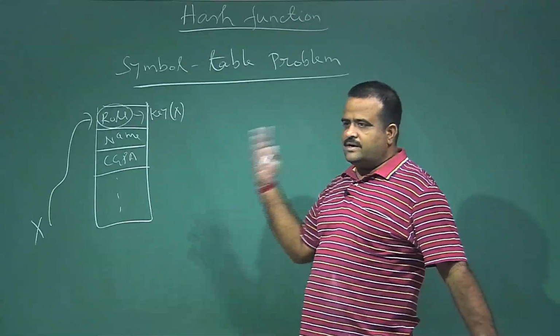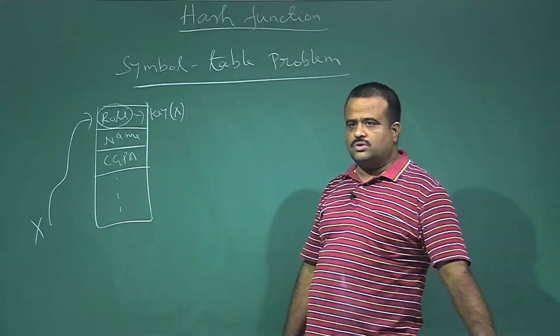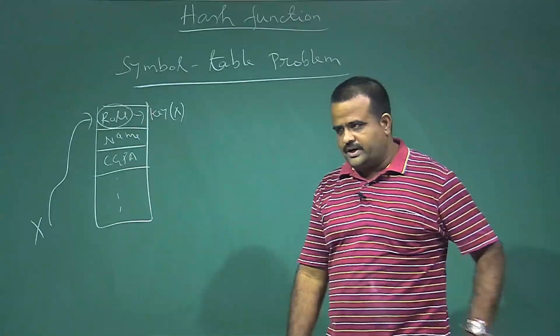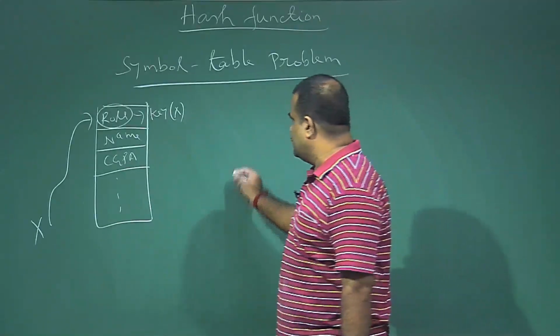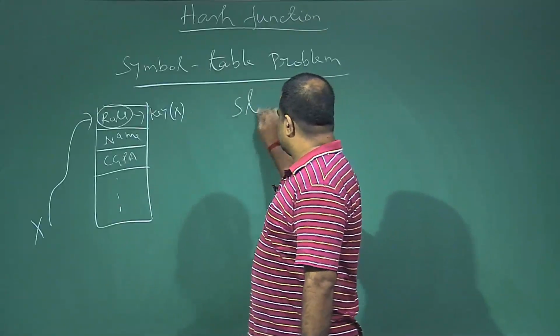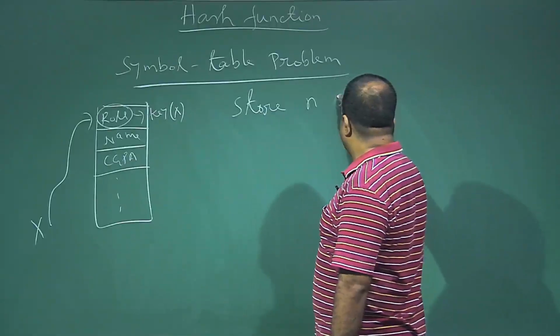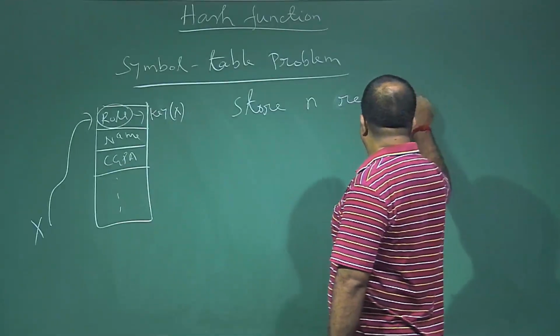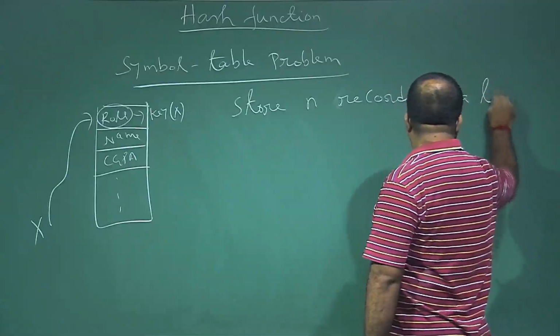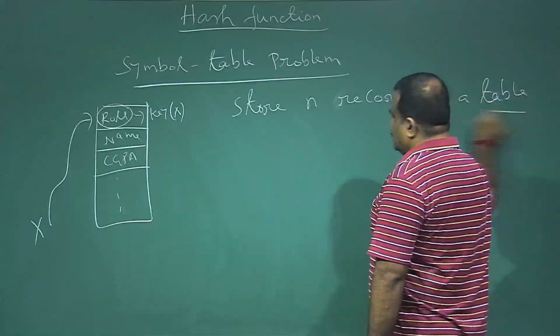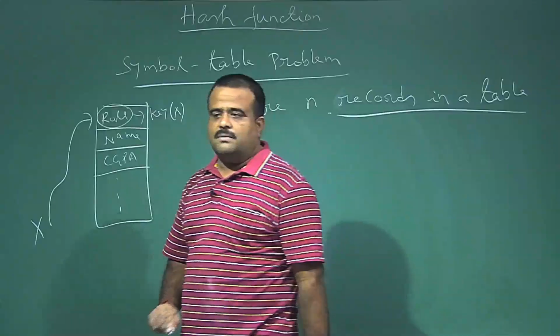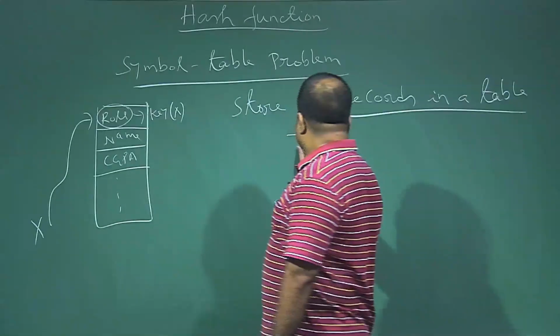Now we have such n records, and we need to store the records into a table. This is a dynamic set. At some point of time, there are n records in a table, and we should be able to perform dynamic operations like insert.